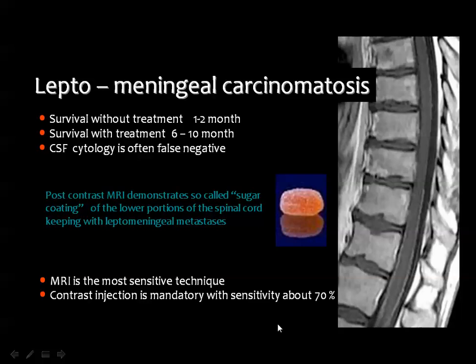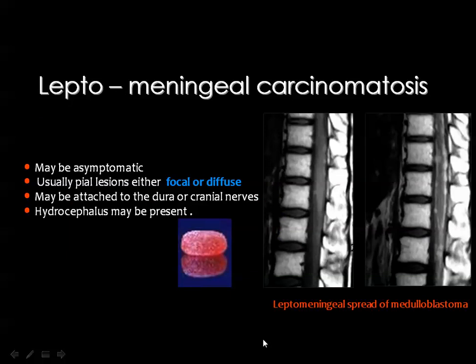What's seen in the images after injection of contrast is the delineation of the borders or the margins of the spinal cord by continuous or interrupted very fine nodules that are enhancing in the post-contrast series. This is almost similar to the sugar coating, as you can see in this figure, which is well appreciated after contrast injection.